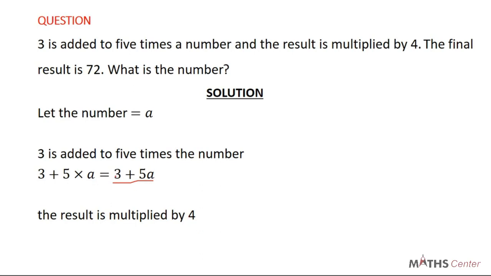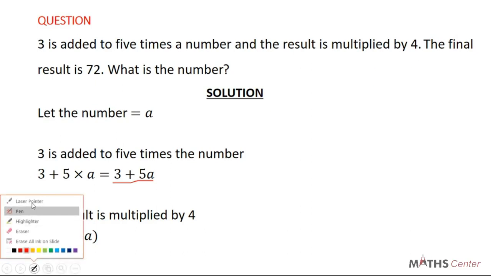Now because what we have here is a binomial, that is 2 terms, and we are going to multiply it by a number, which is 4, you will put the binomial in a bracket. Then you bring this number outside the bracket. So this is going to give us 4 into bracket 3 plus 5a. So 3 is added to 5 times a number.